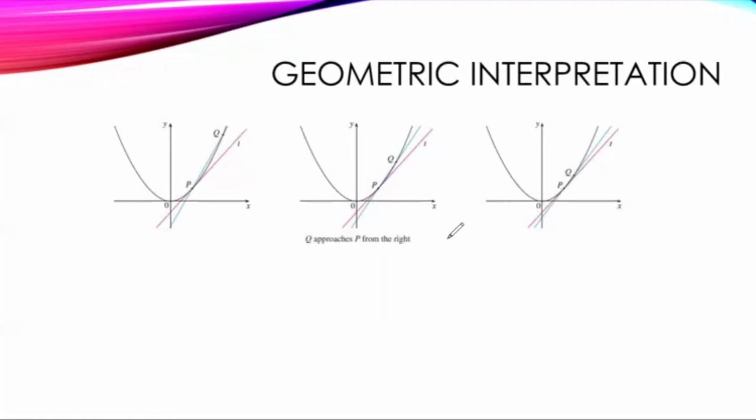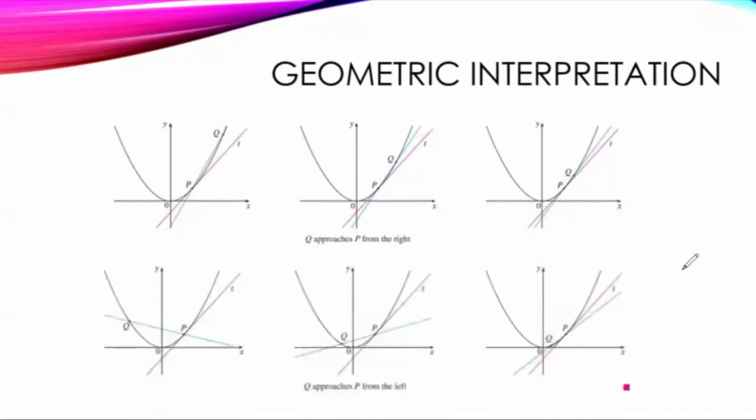Now what happens if the point Q is to the left of P? Consider these three diagrams. Suppose the point Q is to the left of P, this one, and this one. What happens if we let point Q approach P, that is, from the left of P? What's your observation?